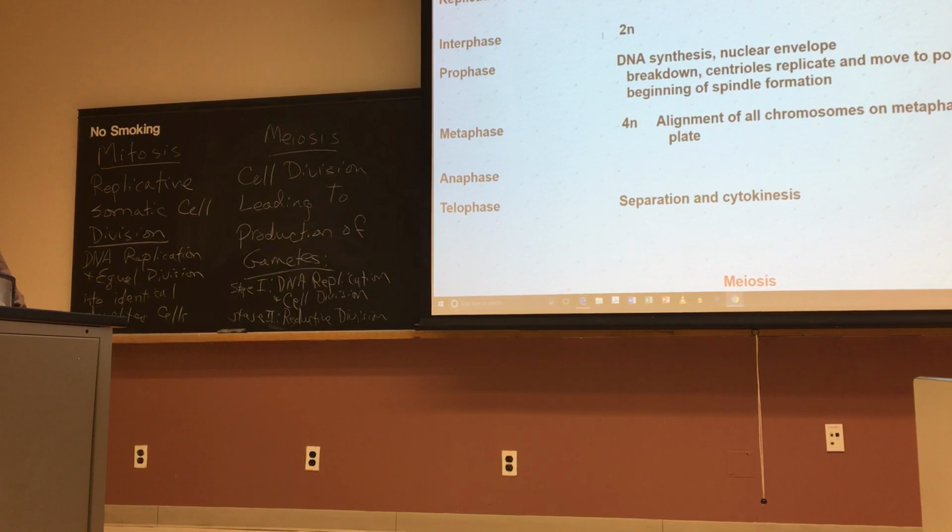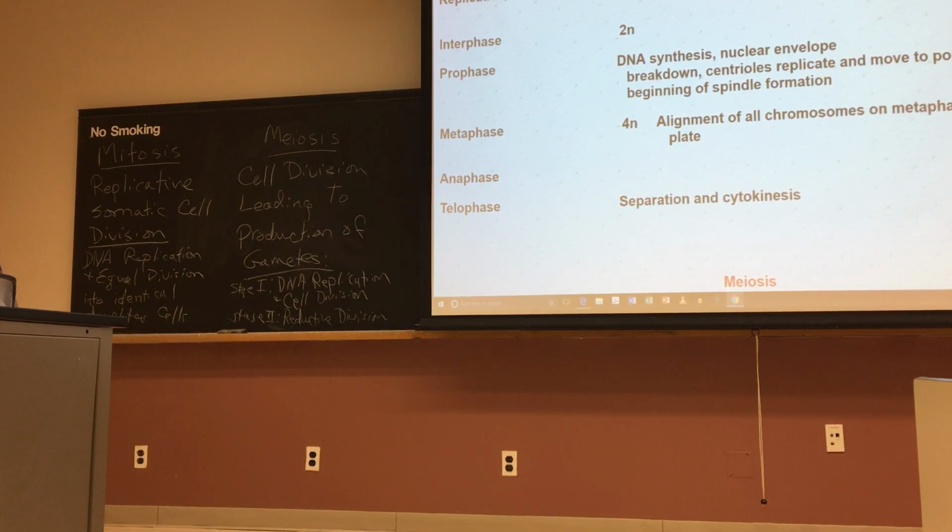In interphase, you start out at 2N in terms of the copy number of chromosomes. You get DNA synthesis, nuclear envelope breakdown, replication of the centrioles that move to the poles, and the beginning of the spindle formation. In metaphase, you've got the alignment of all the chromosomes in the metaphase plate, and there's 4N copy number of the DNA.